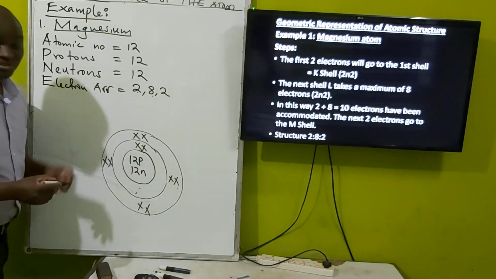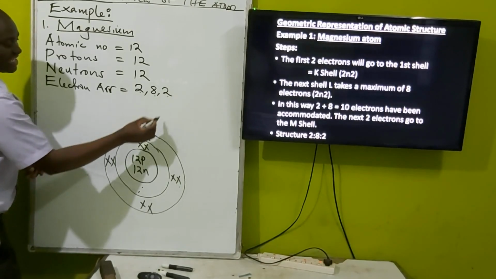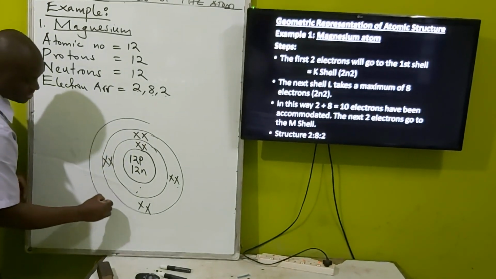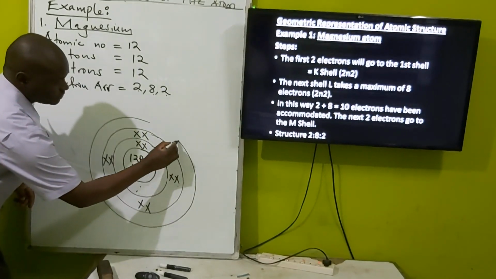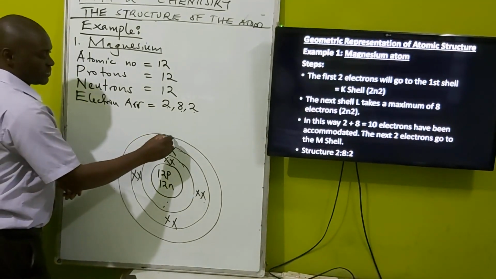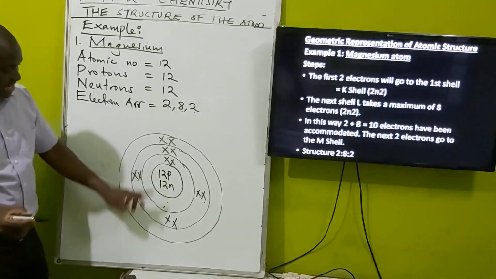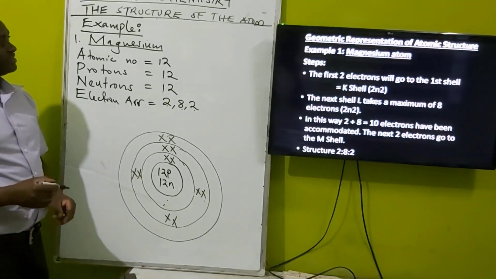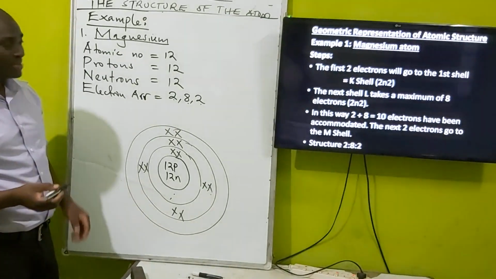So those are 8. The last energy level has how many electrons? 2. So you can put them together, or you can place one here and one down there. So that is the magnesium atom.